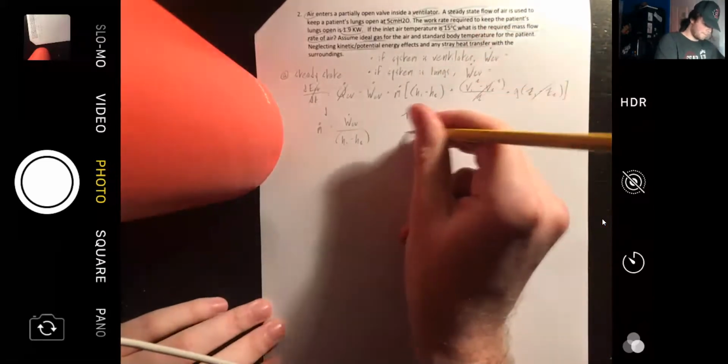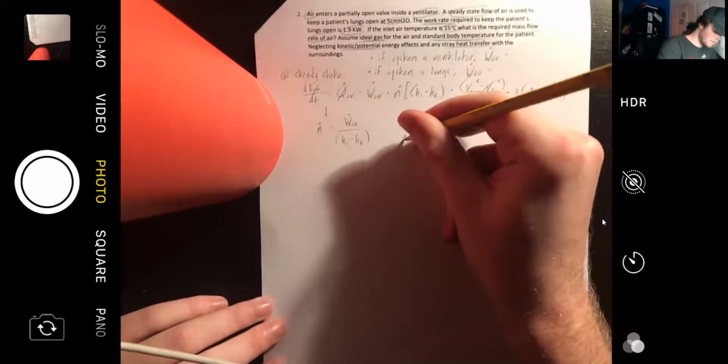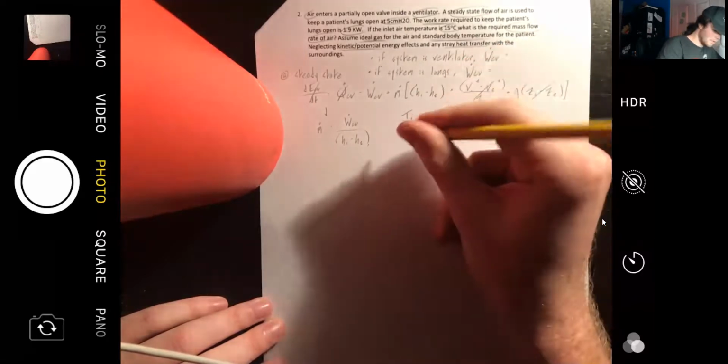Go to table 822, get your enthalpies. In terms of Kelvin, 15 degrees plus 273, that's 288. This is the H, the enthalpies. Units are kilojoules per kilogram.